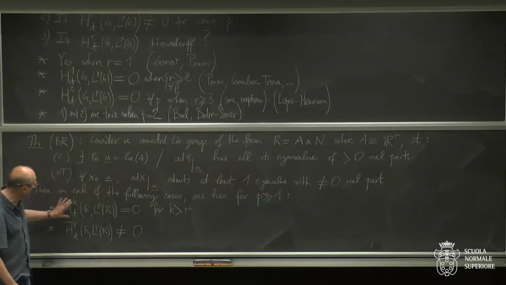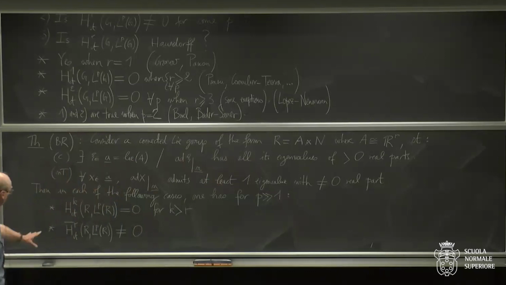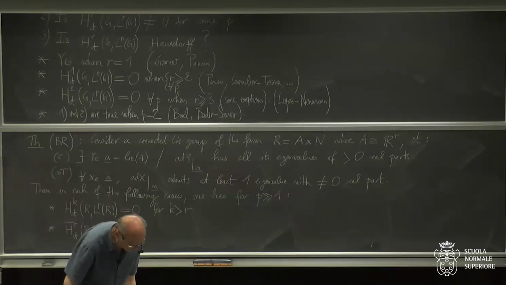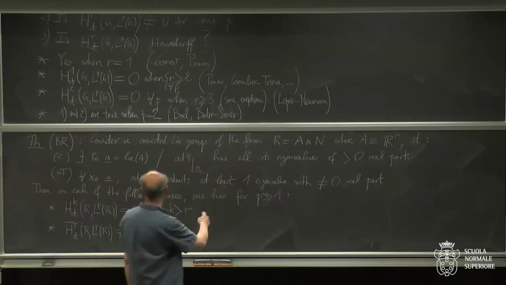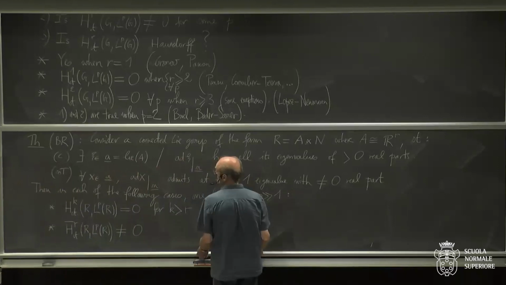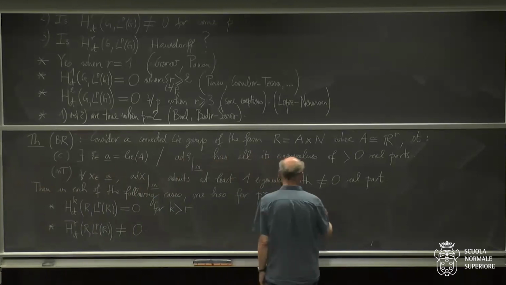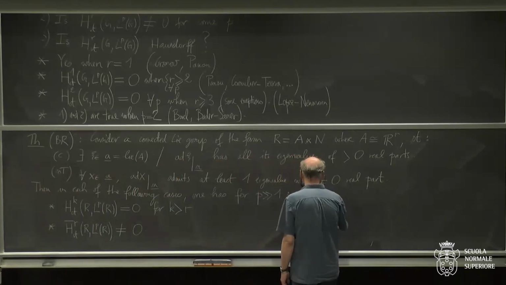So this part can be deduced, in fact, from works of Pansu. And the interesting part is the non-vanishing part. It tells you that you can expect to use Lp-cohomology in degree equal to the rank to study quasi-isometries. So what are the cases?